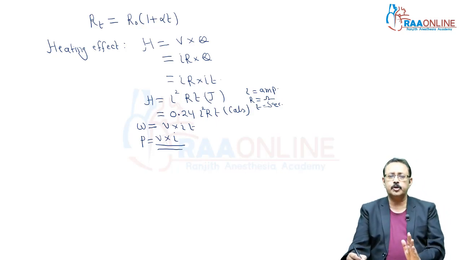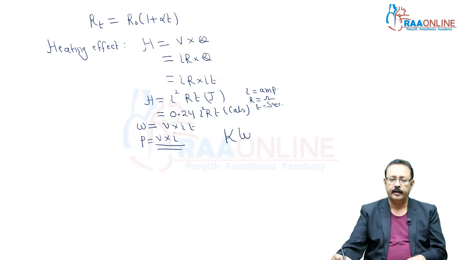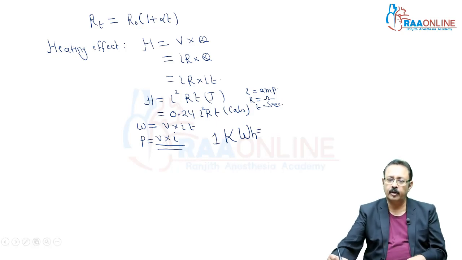What power you are consuming in your homes, that energy is counted in a different unit. That unit is known as kilowatt hours, kWh. 1 kilowatt hour means, kilo means 10 to the power 3.